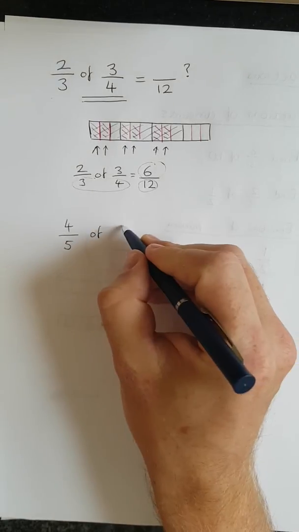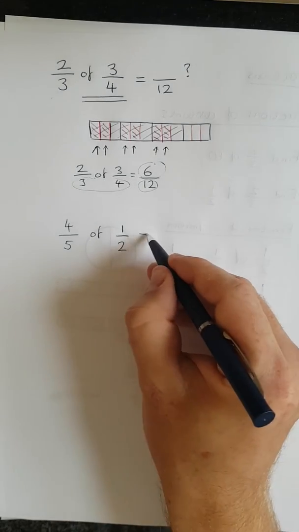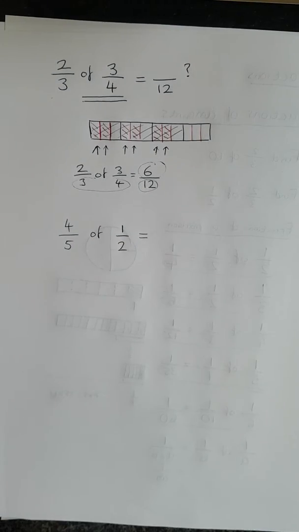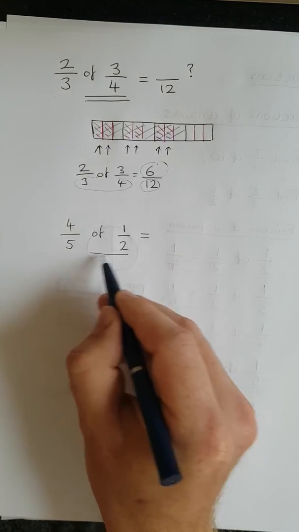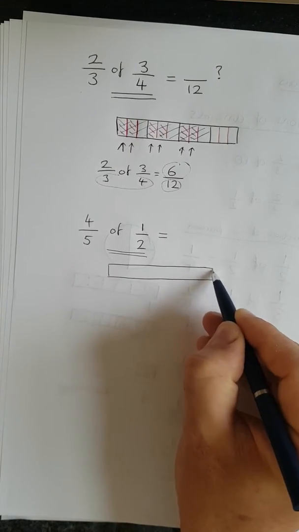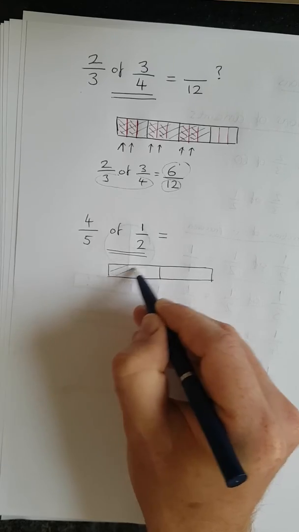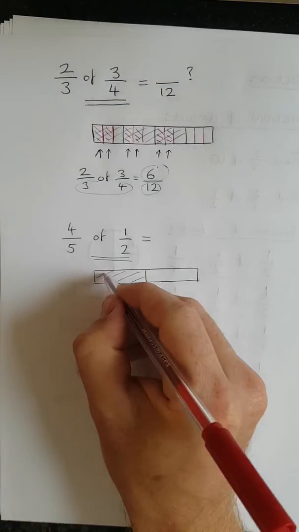Let's do 4/5 of a half. Predict the answer. So it's 4/5 of a half, so I need to draw a half. There it is. And I'm going to slice it into fifths.